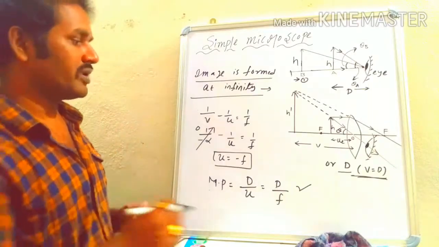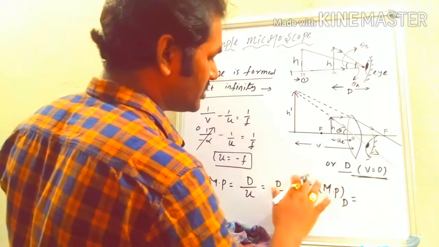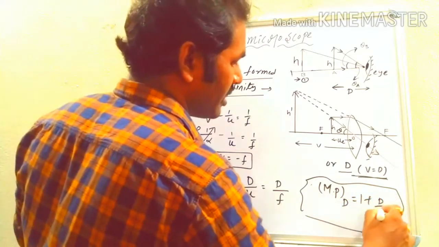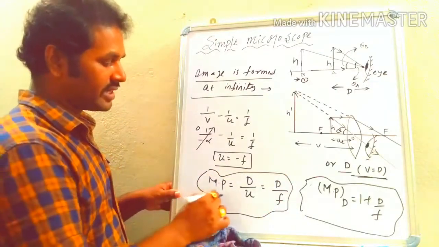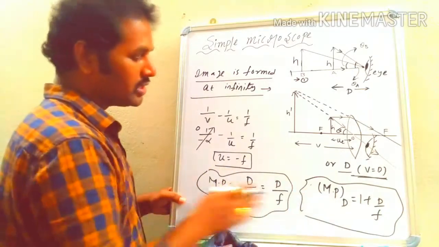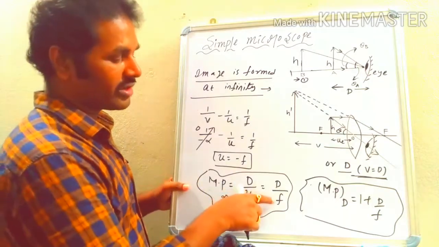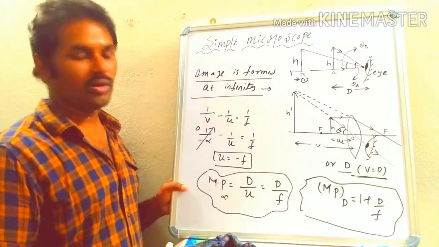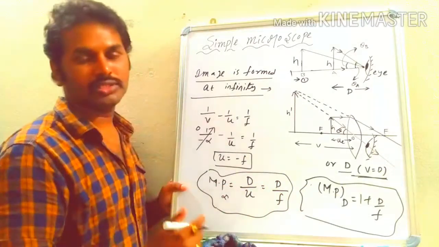By comparing the two expressions: the magnifying power at the least distance of distinct vision is 1 plus d by f, and the magnifying power when the image is at infinity, the far point, is d by f. It is clear that this magnification is smaller than the other by 1 unit, or the other one is more by 1 unit.